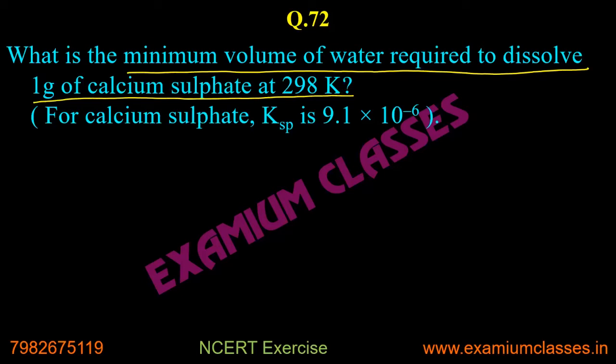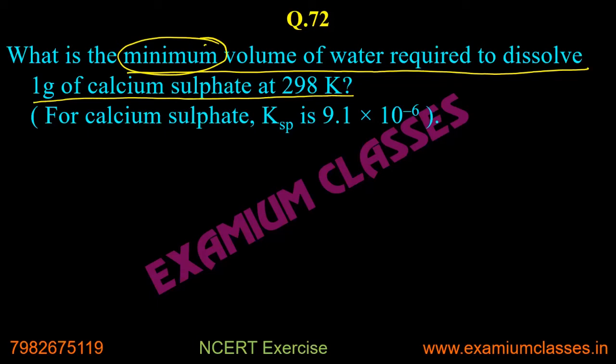Suppose you can dissolve 5 gram in 25 ml, then you can dissolve the same amount in 1 liter also. So that's why it is asked minimum. But it can be only 25 minimum. It cannot be 24 ml. 1 gram you will not be able to dissolve that.